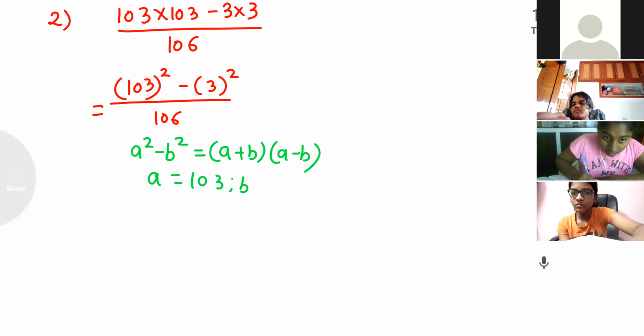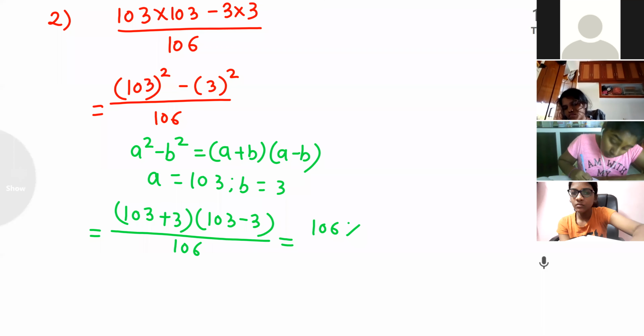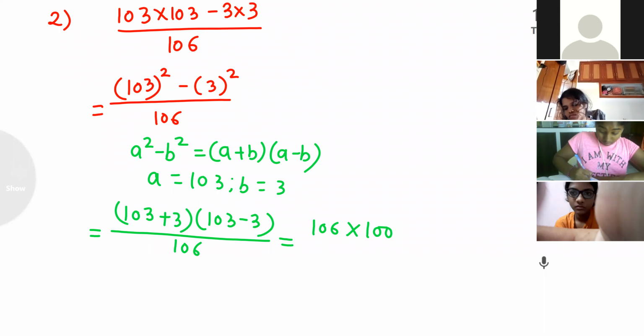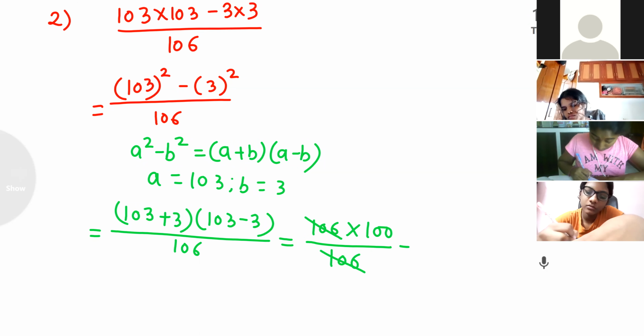The value of b is 3. I can write here a plus b means 103 plus 3 into a minus b, 103 minus 3, whole divided by 106. I have to simplify 103 plus 3 is 106, into 100 divided by 106. This 106 cancels out, answer is 100.